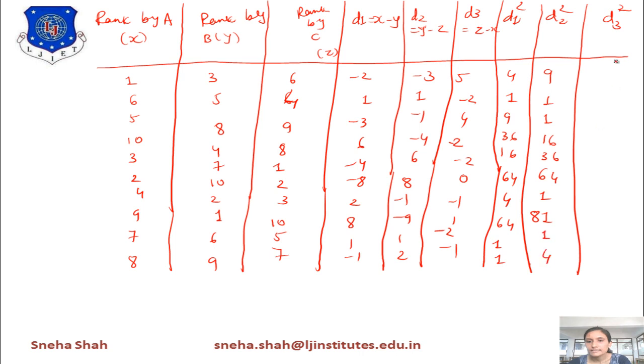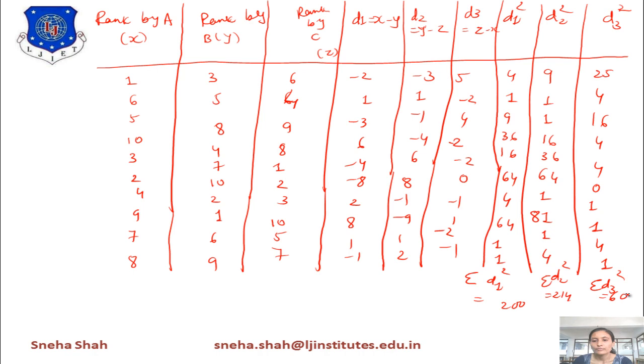Similarly, D3 square means 5 square is 25, 4 square is 16, and so on. Now if I add all these values, summation D1 square equals 200, summation D2 square equals 214 and summation D3 square equals 60.